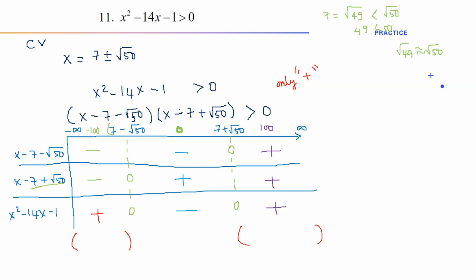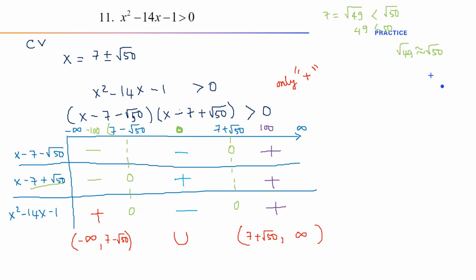We don't want it to be 0. So we will have negative infinity, comma, 7 minus square root of 50, and we have to union. Union means or, right? Union with 7 plus square root of 50, comma, infinity.